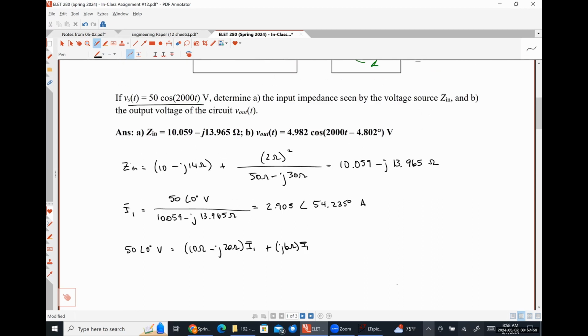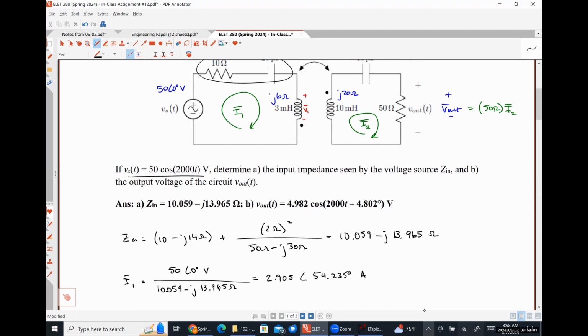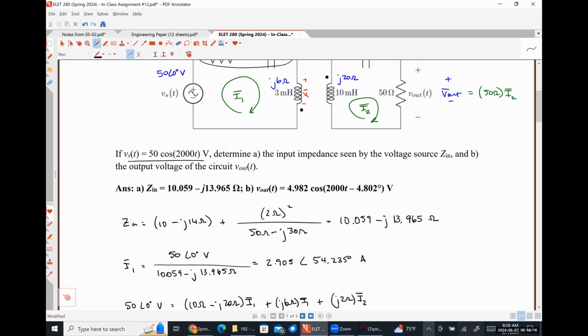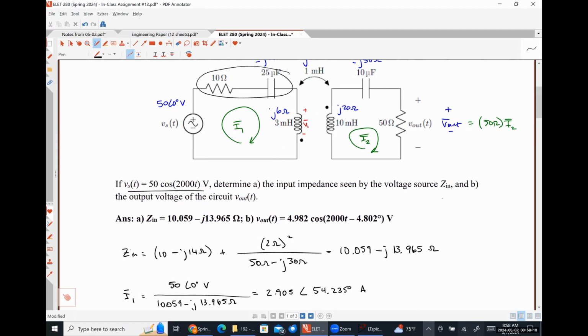What's my mutual term going to look like? No, so just to be really clear here, it will be positive.